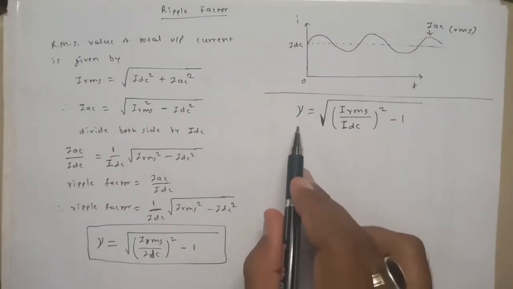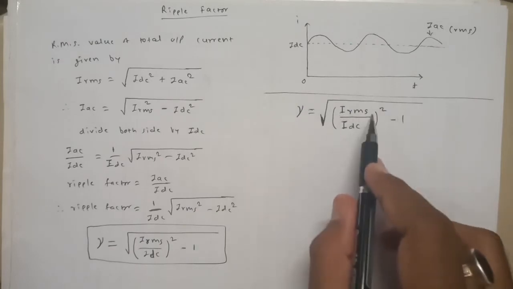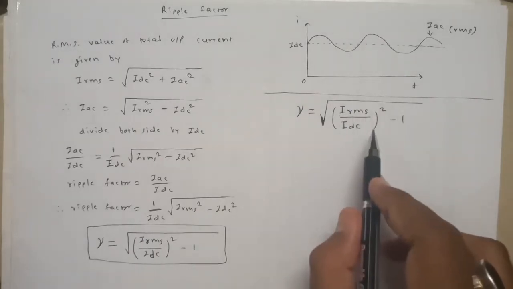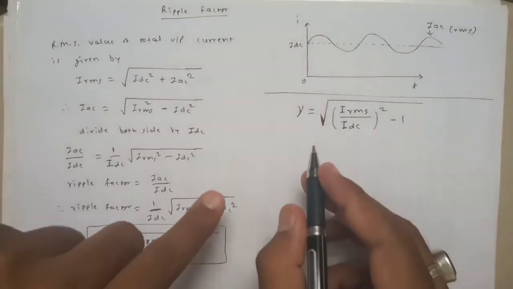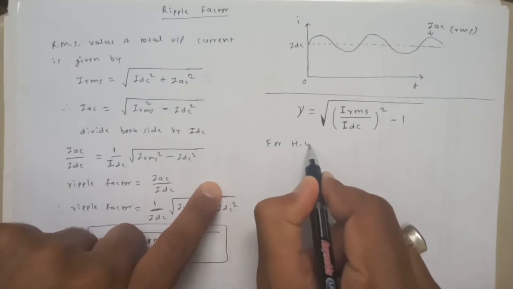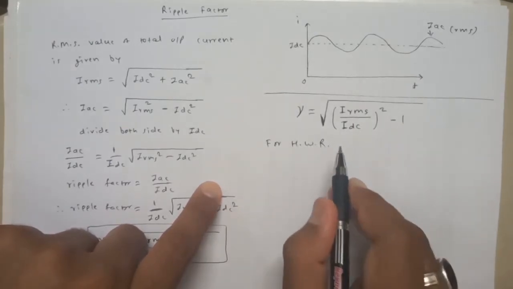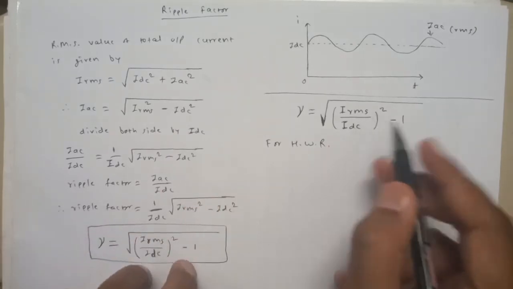Now, as we have this equation for the ripple factor, under root IRMS divided by IDC its square minus 1, let us find out the value of ripple factor in case of half wave and full wave rectifiers. First we'll go for half wave rectifier. We have already derived the equation for IRMS in case of half wave rectifier.